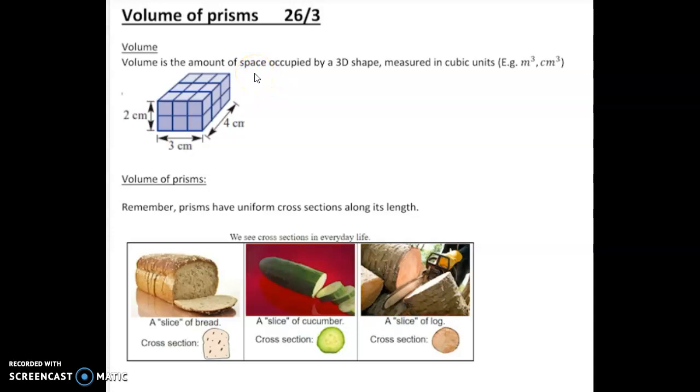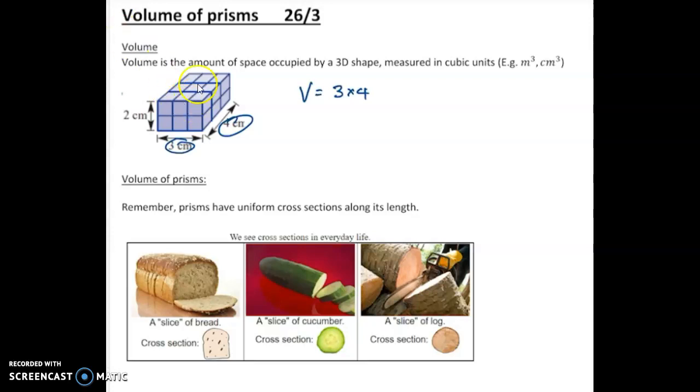So we can have a look at how many unit cubes fit into this rectangular prism to figure out the volume for that prism. So at the bottom, we have 3 cubes, and we have 4 lots of 3 cubes. And so we can say the volume starts off with 3 by 4 cubes, which is 12 cubes.